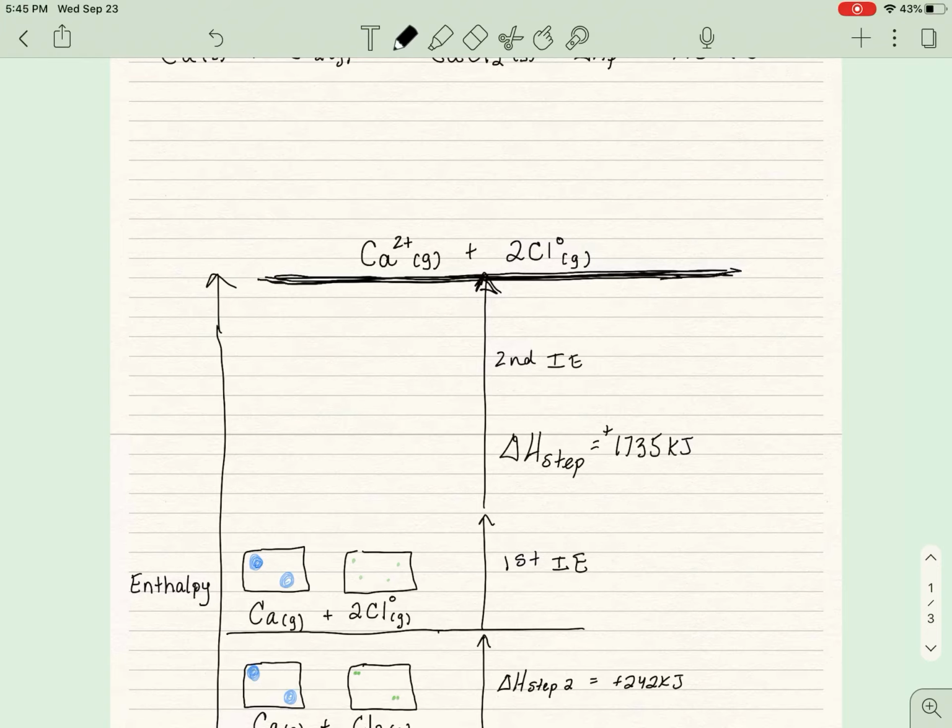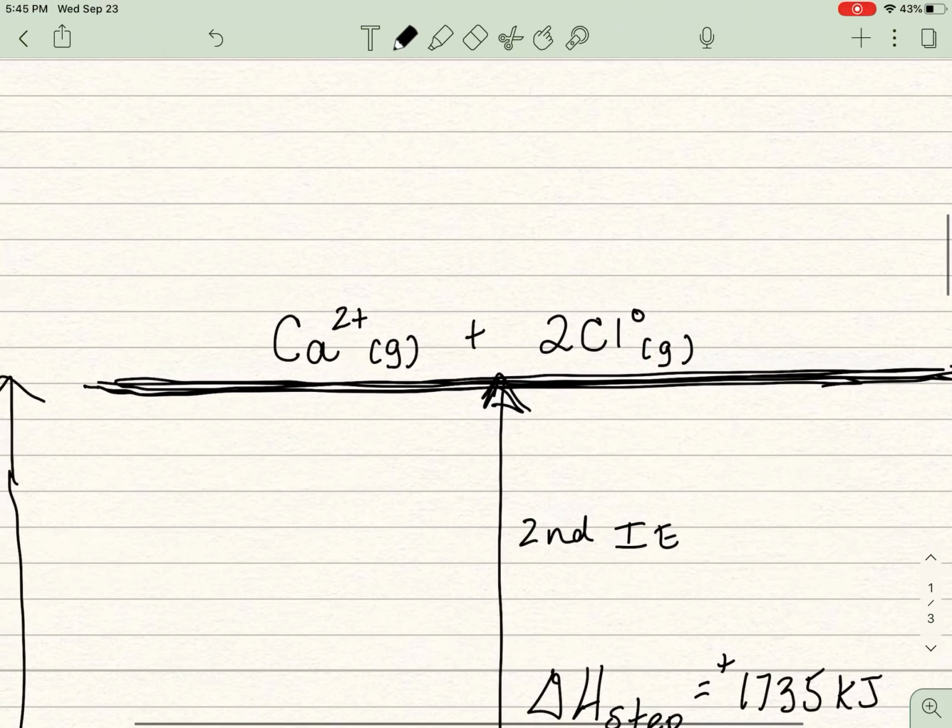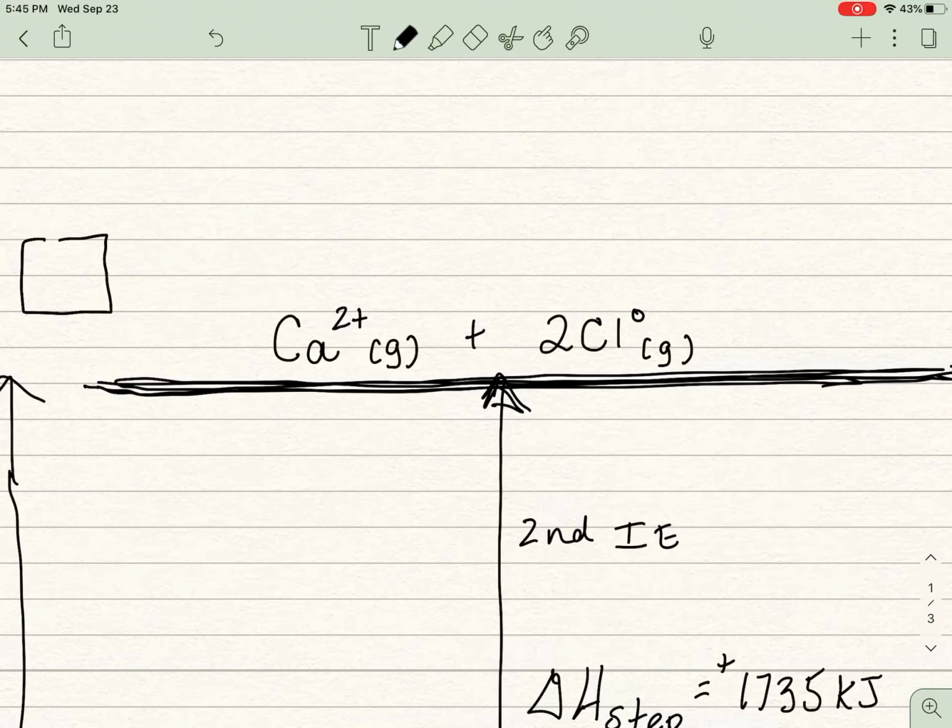And then what happened is, let me just show you kind of in stages here. So I'm going to do 3 kind of pictures for the calcium, but there's really only this last picture that I'm going to have above it that is the most important one. So keep in mind that your calcium was maybe this big, but the protons are going to stay the same, but it's going to lose an electron. So what will happen first is it'll shrink down to a smaller size because there's less electron repulsion.